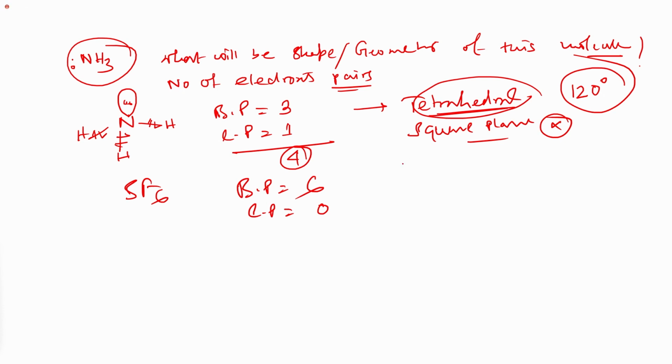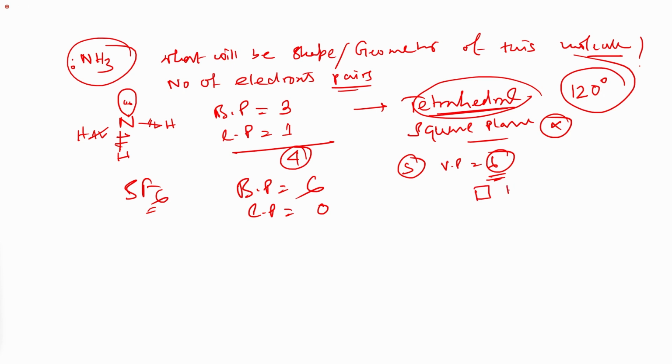Because if you see the sulfur valence electronic configuration, the valence electrons will be 6. So 6 electrons from the sulfur will form the 6 bonded electron pairs.